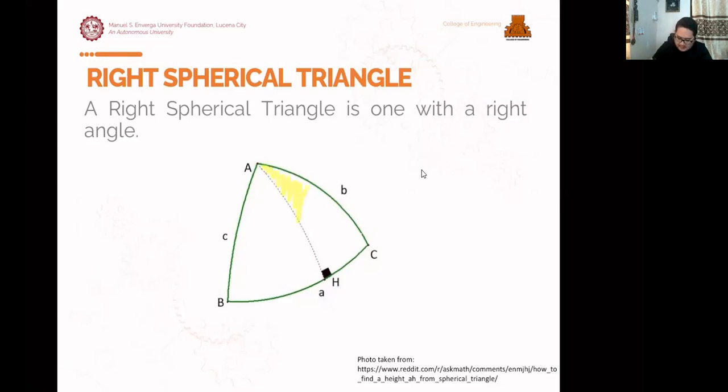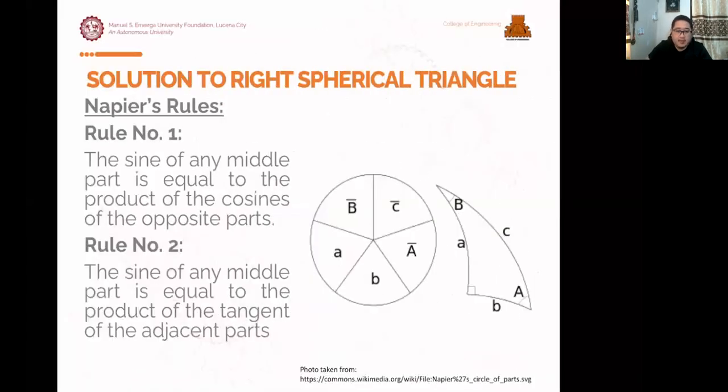And si right triangle, mayroong kilalang method na ginagamit sa kanya, which is yung Napier's rule natin. Okay? So, ang background ni Napier, si Napier is an inventor ng logarithm natin, no? Kaya meron tayong Napierian logarithm.